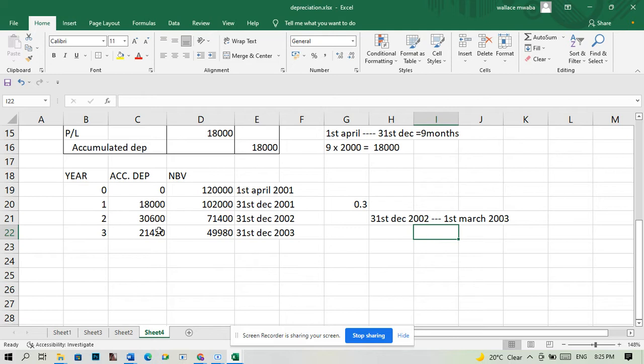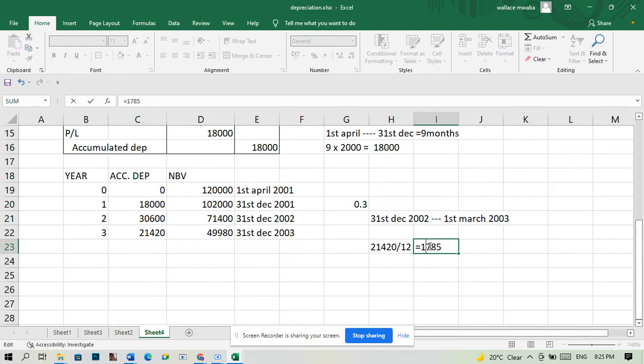All right, so we have this depreciation charge, which is 21,420. This is supposed to be for the whole year. We're now going to see the monthly charge: 21,420 divided by 12, so the monthly charge is 1,785.